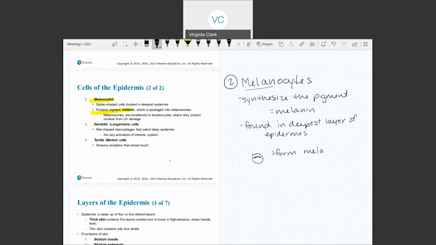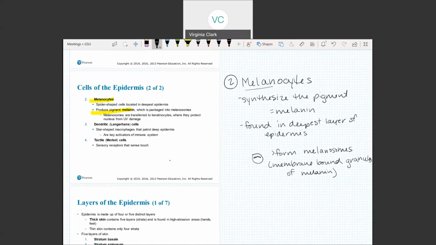After it produces this melanin pigment, it forms things called melanosomes, which are membrane-bound granules of melanin. As these melanocytes form a membrane-bound granule filled with melanin, these are called melanosomes.